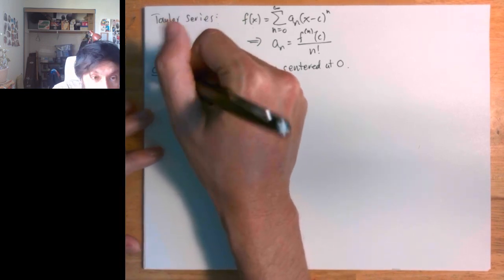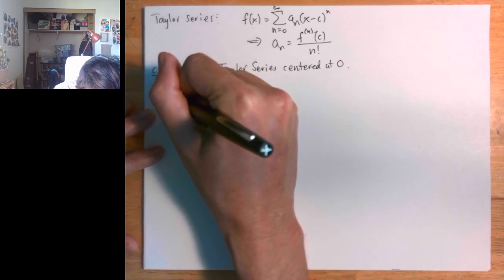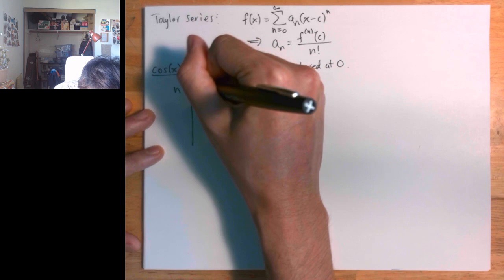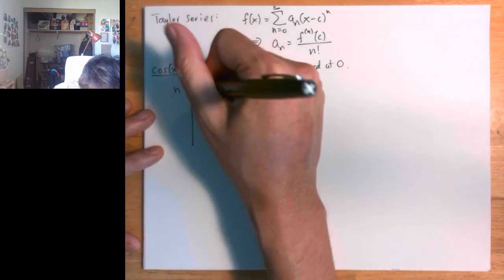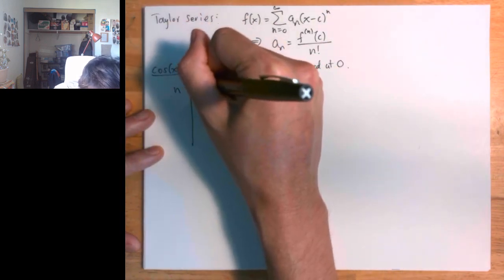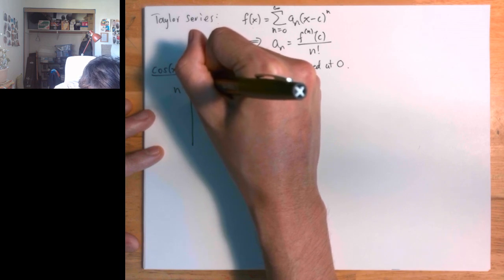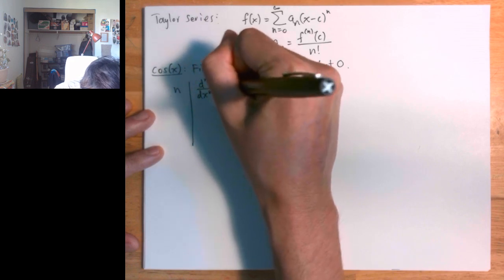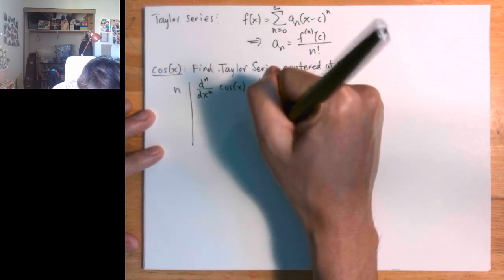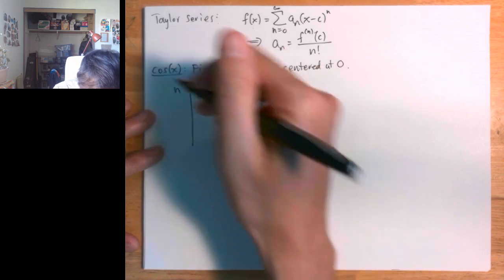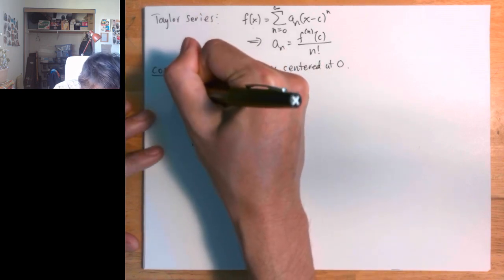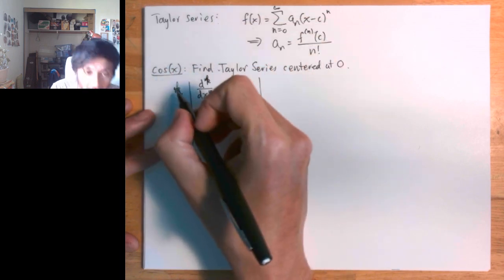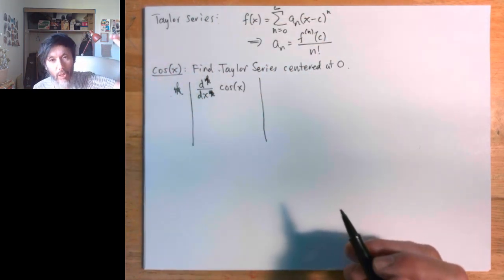So here I'm going to make a table. I'm going to write one column being n. Here I'm going to have a column for the nth derivative of cosine of x. How should I write that? I guess I'll just do d^n/dx^n of cosine of x. Okay. And actually, instead of using the letter n, I'm going to use the letter k, because I want k to go from 0 out to n.